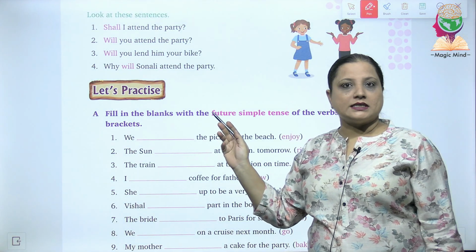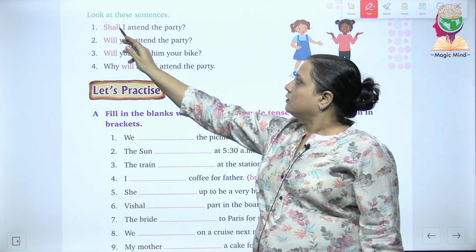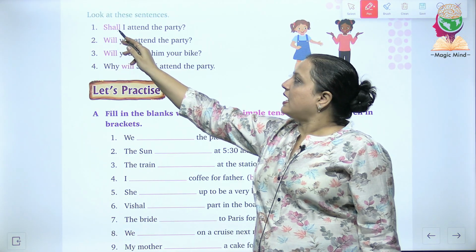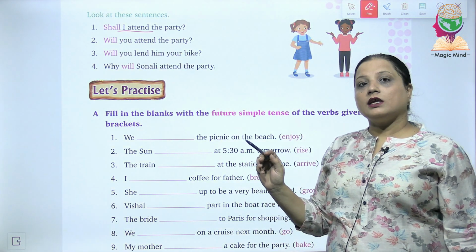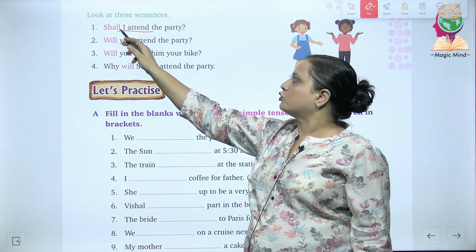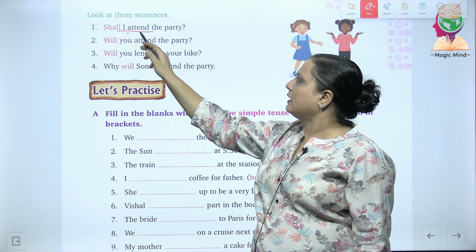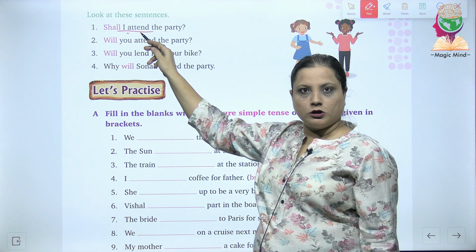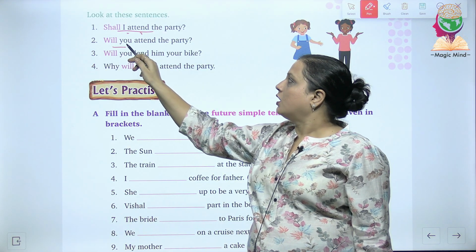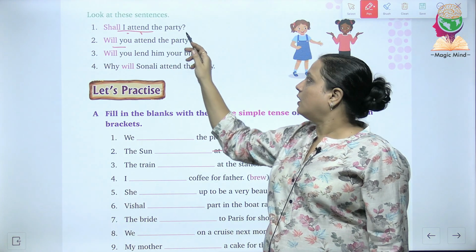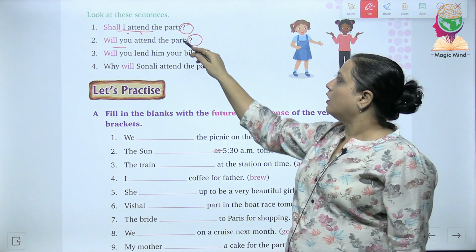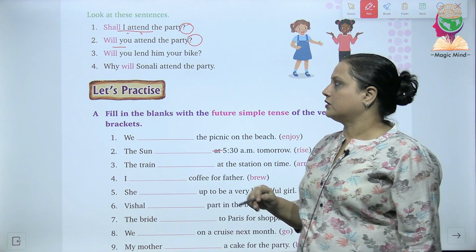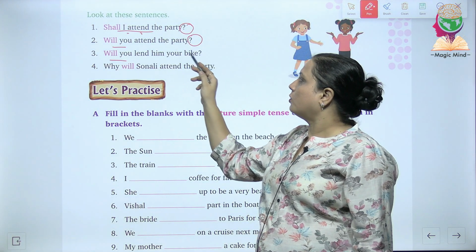Now look at these sentences given over here. The questions are: Shall I attend the party? In this sentence, shall is used before the subject and then we have the base form of the verb. Next sentence, will you attend the party? They end with a question mark. Will you lend him your bike?